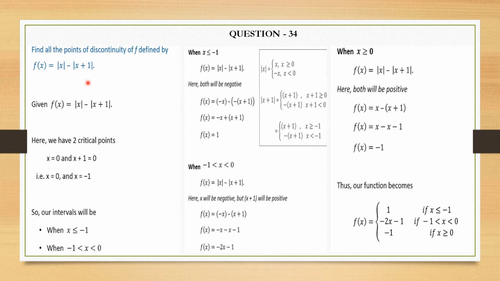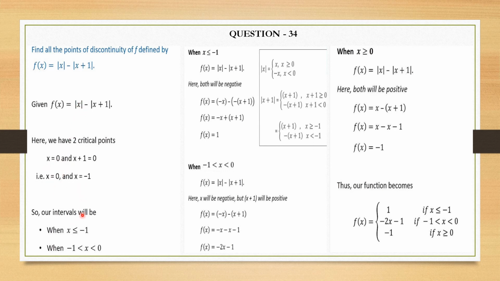So first thing is I should check, as it is the difference of two modulus functions, I have to check the points at which these individual functions become 0. So this becomes 0 when x is 0, and this becomes 0 when x is minus 1. So these are called the two critical points, and this concept you will have cleared in your differentiation topic.